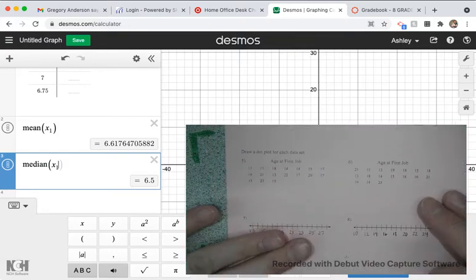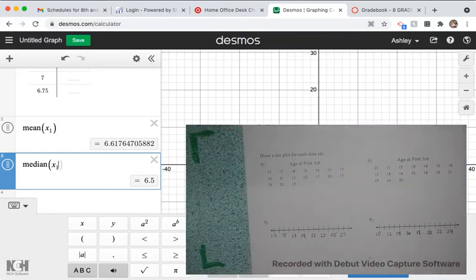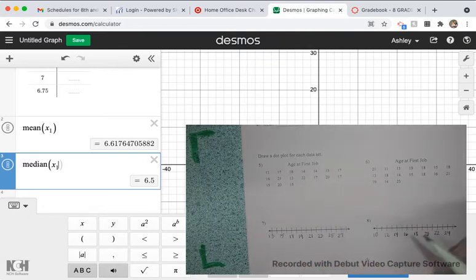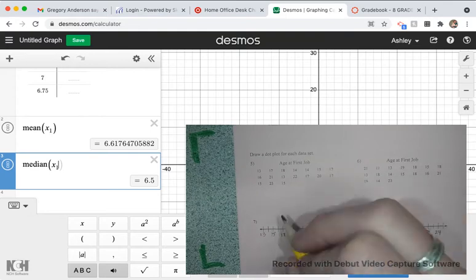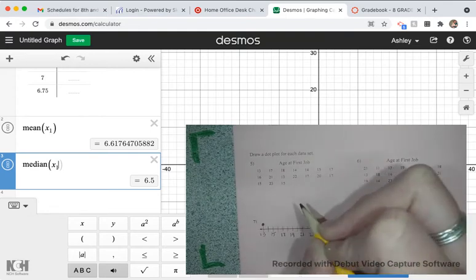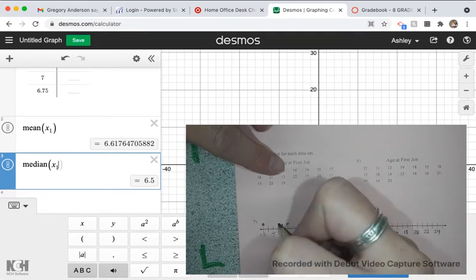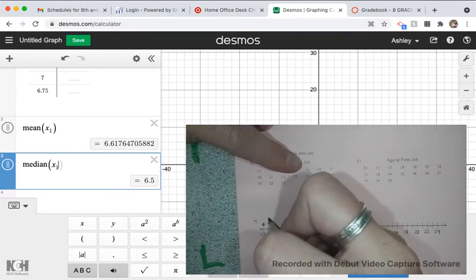Dot plot is pretty simple, so we're going to look at number 5, and then you're going to graph it on number 7. So all you have to do is put the dots above the line. So I have 1 for 13, so 13 gets 1 dot. Then I have a dot at 17, so I'm just going to read my data going across, and you just put dots.